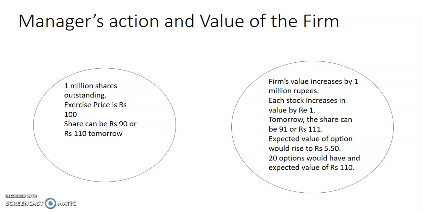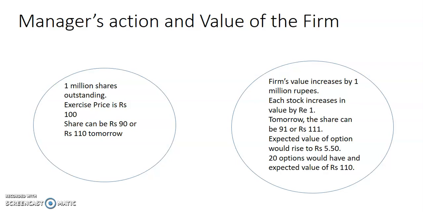We calculate the expected value under such a situation. The option in this case, when the share price is 91, will give us 0, and when the share price is 111, it will give us 11. So the expected value of the option is going to be 11 into 0.5, where 0.5 represents the probability, plus 0 into 0.5.